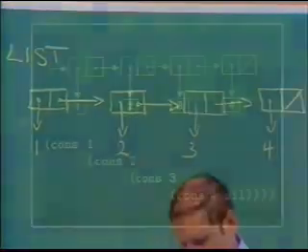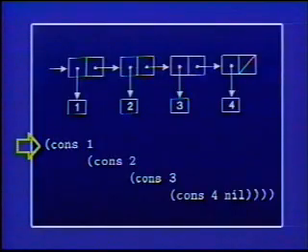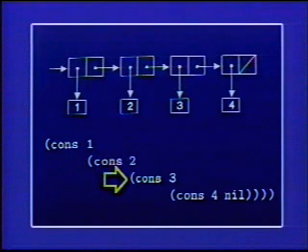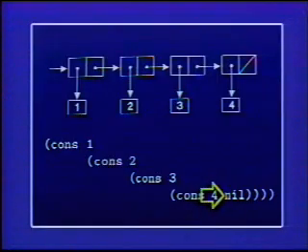I'd construct that by saying, well, this thing is the cons of 1 onto the cons of 2 onto the cons of 3 onto the cons of 4 onto, well, this thing nil, and nil is a name for the end of list marker. It's a special name, which means this is the end of the list. Okay, so that's how I would actually construct that.